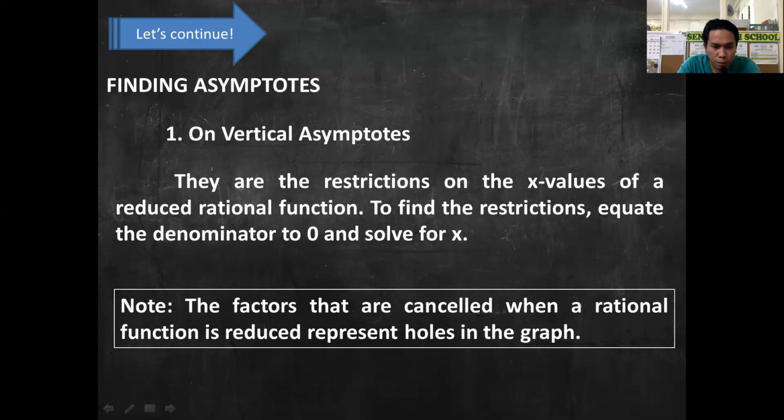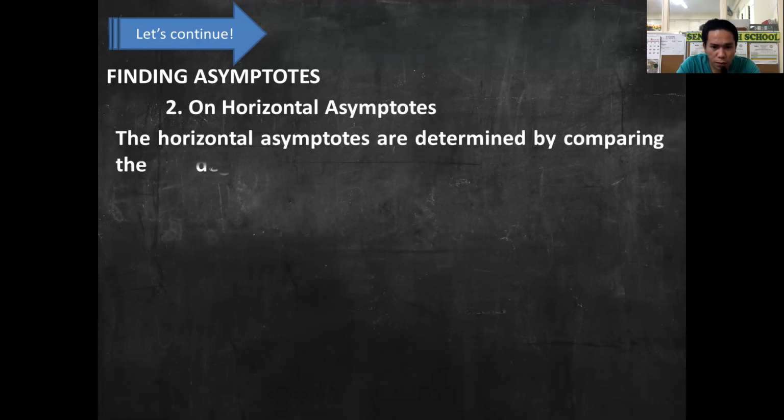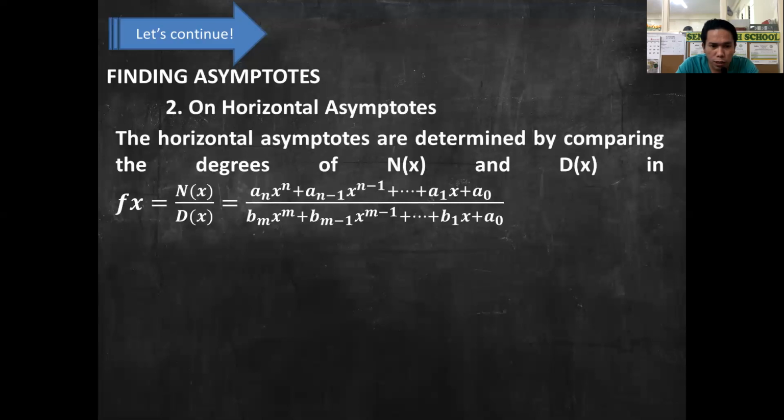For horizontal asymptotes naman, the horizontal asymptotes are determined by comparing the degrees of n of x and d of x in f of x is equal to n of x over d of x. Napakadali lang hanapin si horizontal asymptotes. Kina-compare lang natin yung degree or yung exponent ng ating numerator and denominator.